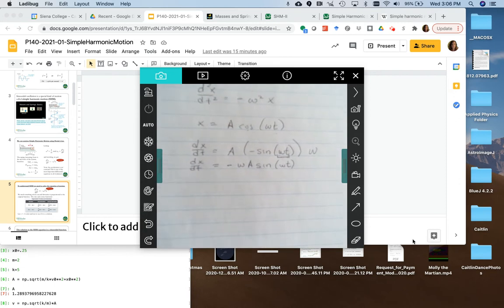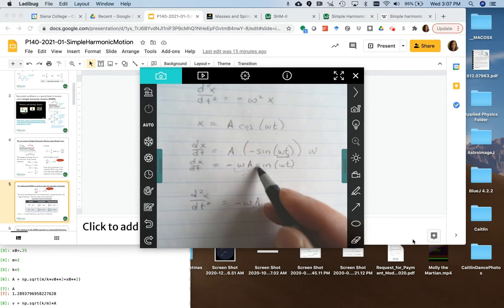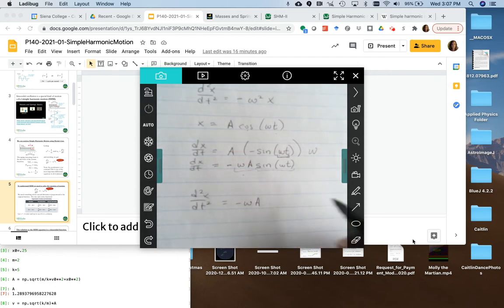Okay, and then I'll take the second derivative, d squared x/dt squared. So now I'm taking the derivative of this function with respect to time. Again, these are constants, so I'm going to just bring those down. Now I need to take the derivative of sine omega t with respect to t. The derivative of sine is cosine omega t. And then again, I need to take the derivative of what's inside there. The derivative of omega t with respect to t, since omega is just a constant, we'll just get another factor of omega.